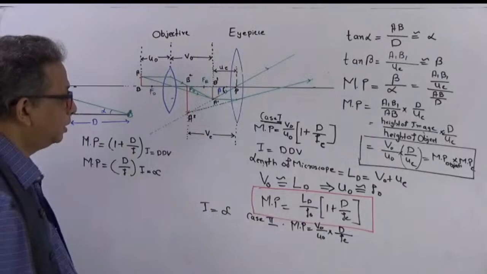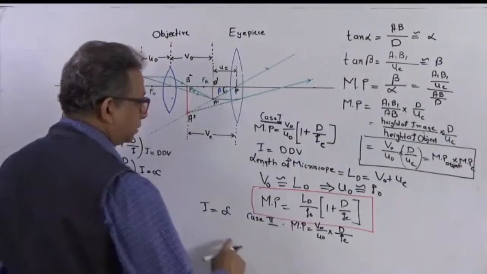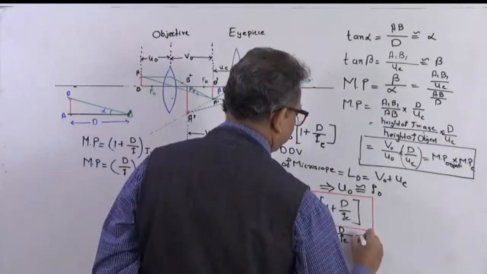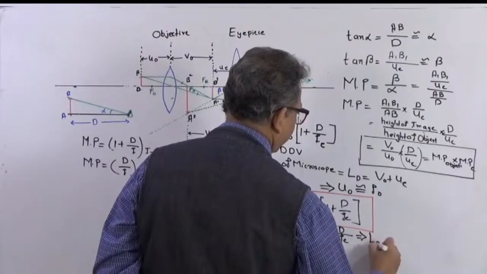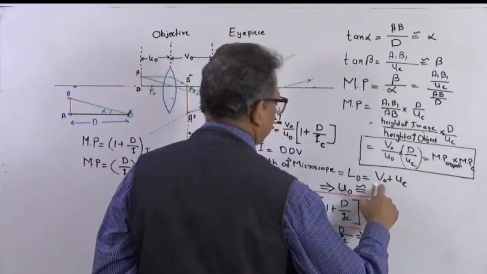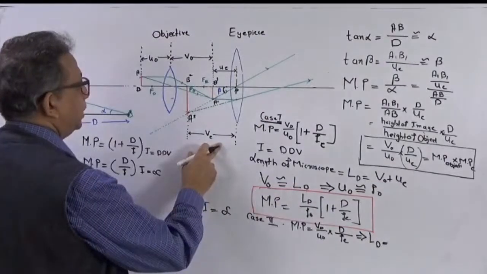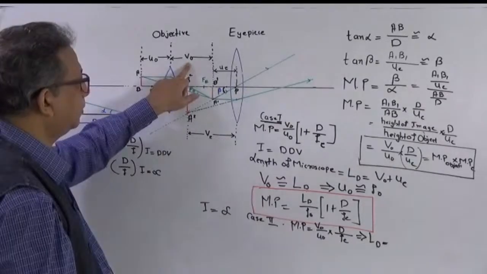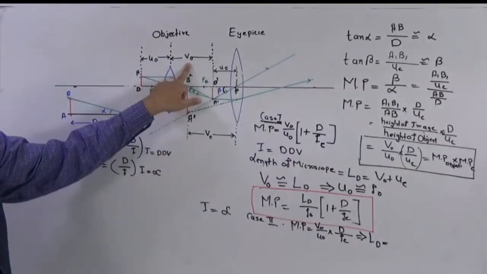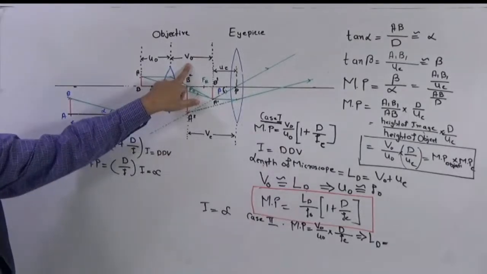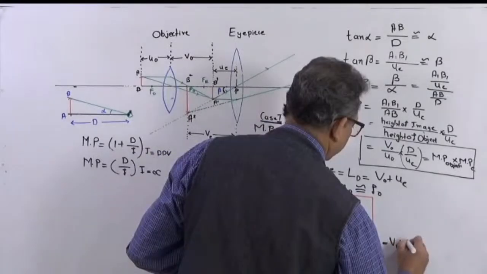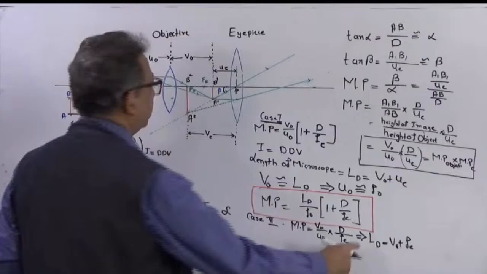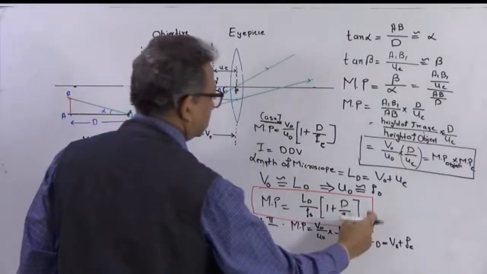Now here again we are going to use the same approximation, but when the image is at infinity, LD will be equal to V0 plus UE. V0 is the distance of the image, and this is what we call UE.